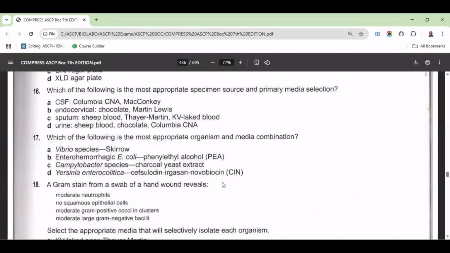The media listed are Columbia CNA and MacConkey, endocervical with chocolate and Martin Lewis, sputum with sheep blood and Martin, KVLB, which is clindamycin and vancomycin like blood agar. Then we have urine, with sheep blood, chocolate, and Columbia CNA. So which one do you think is appropriate for which sample?